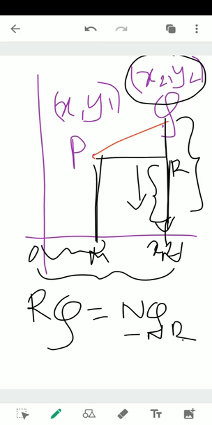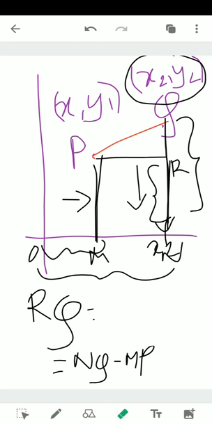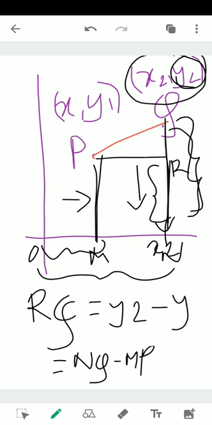But NR, I can even write as MP, so NQ minus MP. If you see here properly, what is NQ? NQ is nothing but y2, because this is y2, right? If you see the coordinates over here, this is y2 and this is y1. So we got RQ equals y2 minus y1.